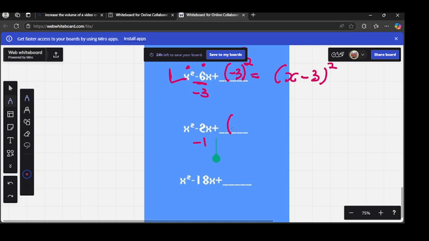So I'll add minus 1 all squared to this to complete the square. So I've now completed the square. And what do you think this is a square of? This will be the square of x minus 1 all squared. So if I should expand this, I would get back this. Do you see the pattern here now?